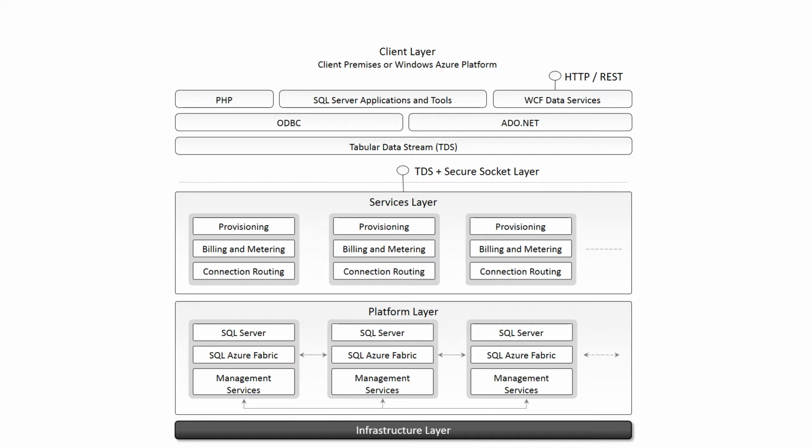The client layer consists of PHP, SQL Server, applications and tools. WCF data services, which is connected to HTTP and REST services, ODBC, ADO.NET, and tabular data stream.